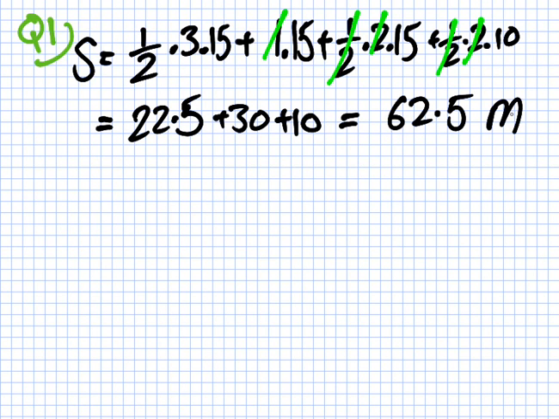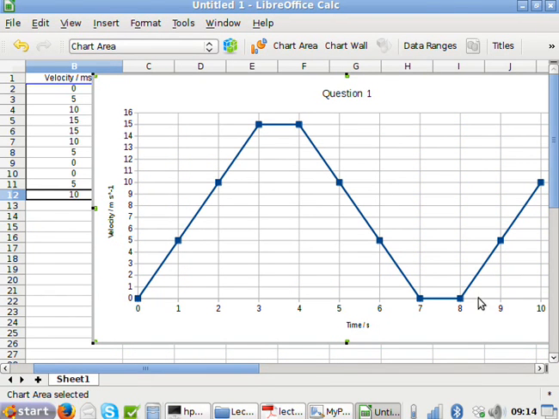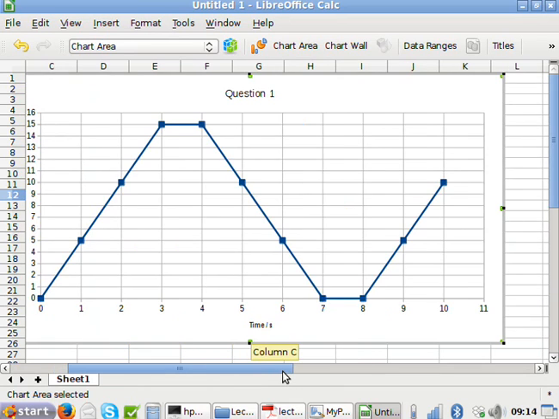Yeah. Okay, so let's calculate that. Well, that and that cancels. That and that cancels. 1 is just 1. So this would be 1.5 times 15, 22.5? And then this is 15 plus 15, so that's 30 plus 10, 40, 50, 62.5 meters.